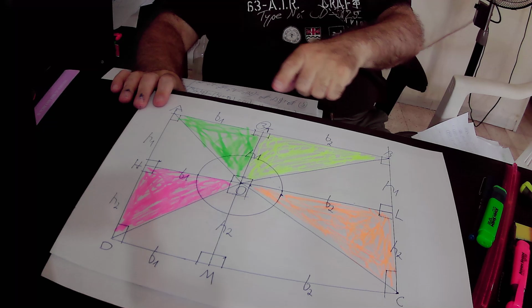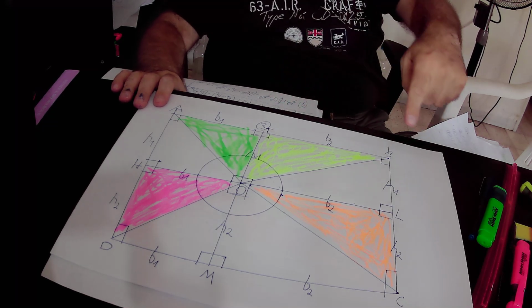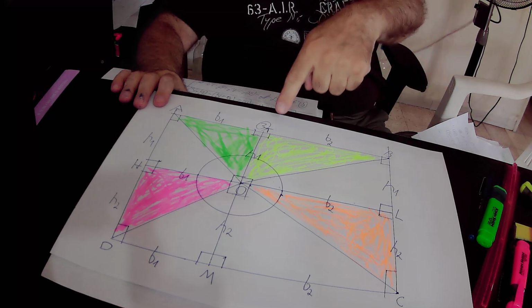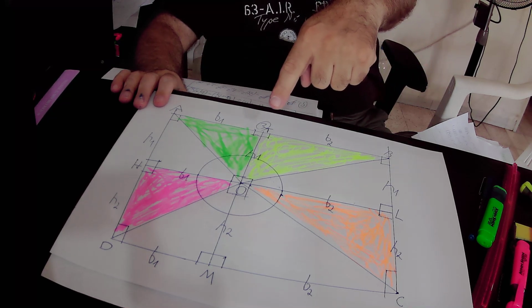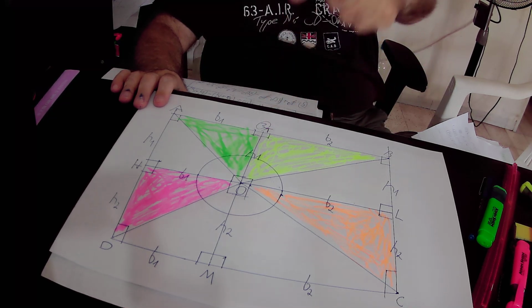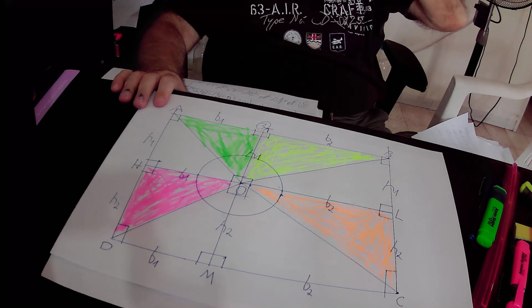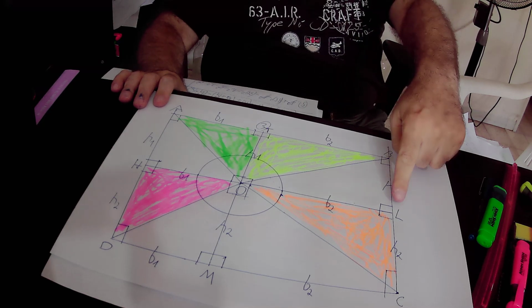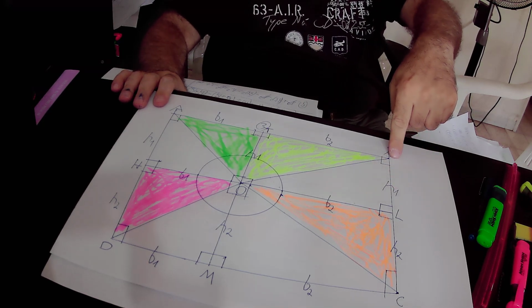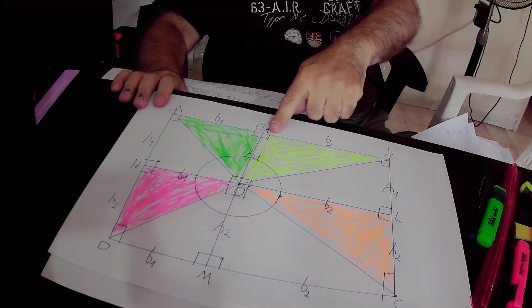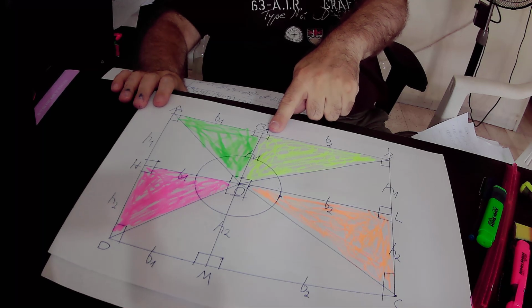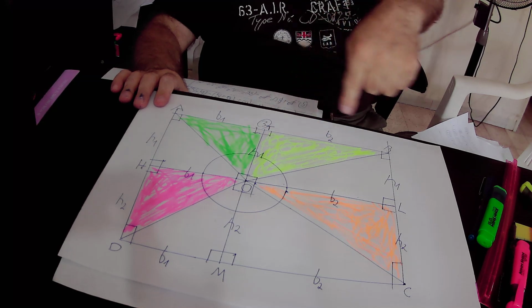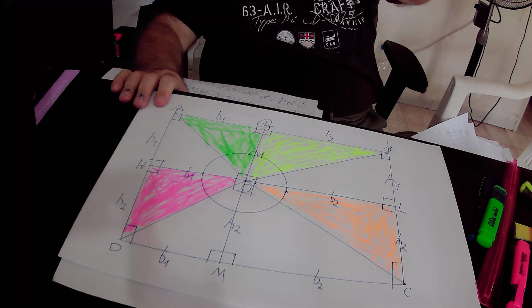Likewise, in quadrilateral TBLO, we have 1, 2, 3 right angles. Therefore, the fourth angle must be equal to 90 degrees. Therefore, quadrilateral TBLO is a rectangle.